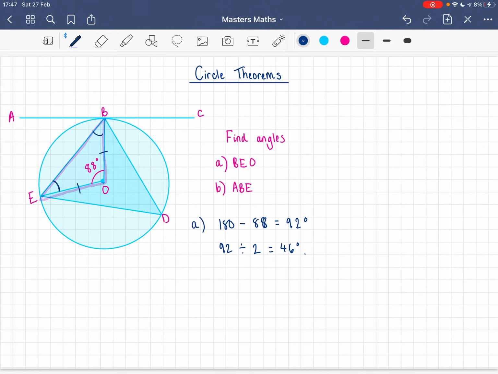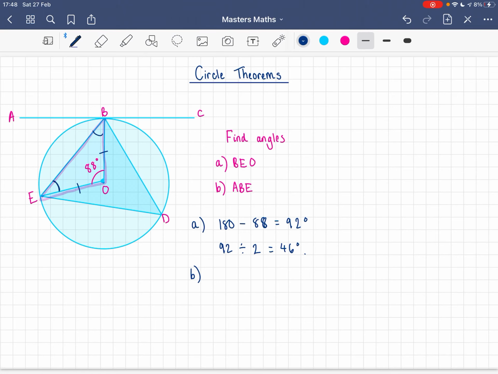So if I make a mistake, try to ignore it and just follow the method, but I think I'm right. 180 take away 88 gives us 92, and then we share that between the two angles that are the same size. So each of those angles would be 46. Because, again, if you're asked for your reason, the rule you've used is that 2 radii make an isosceles triangle, and base angles in an isosceles triangle are equal.